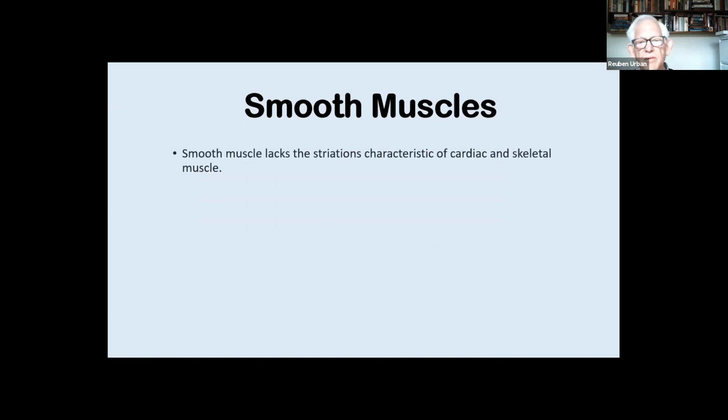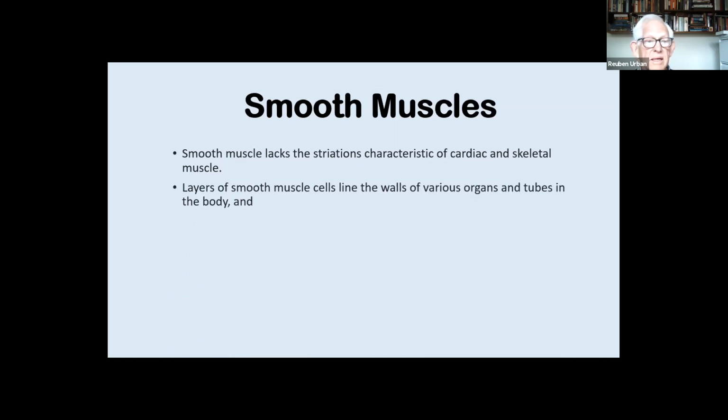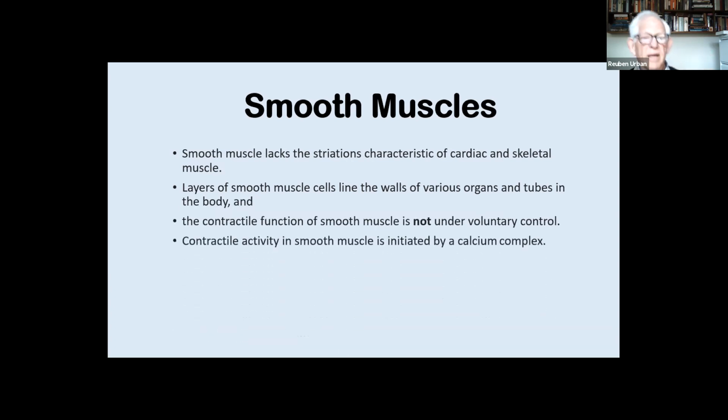Now, the smooth muscles lack the striations, and it's all involuntary. And again, this is the important part, I should have highlighted this.